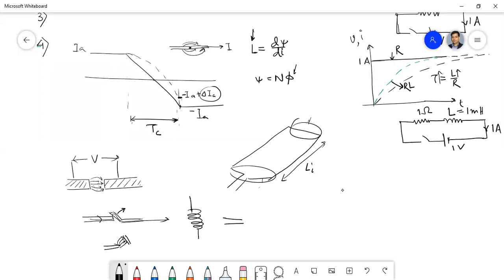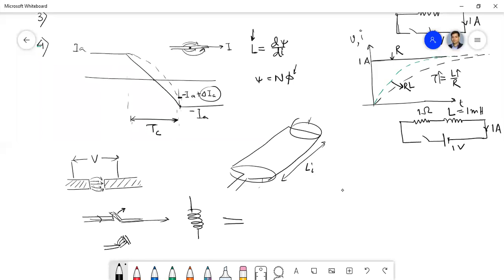But here we don't have any personnel. Here the coil itself is going under this commutation, and the coil itself will experience that sparking. Not only the coil, the commutator surface will be damaged due to this sparking.